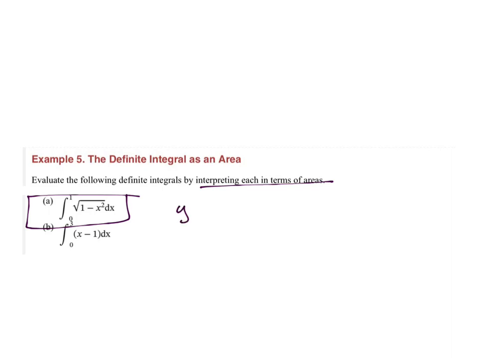Let me introduce you to my friend, the circle. You know the circle formula? Did y'all do geometry at some point in your life? In geometry, you should have learned the area of a circle or the equation of a circle: x squared plus y squared equals r squared, where r is the radius.